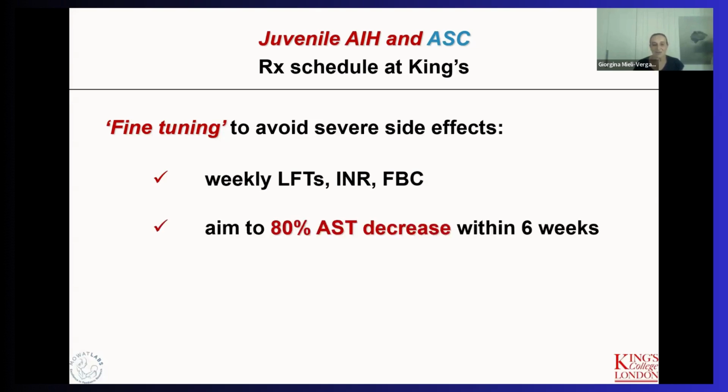And the aim is not to achieve completely normal transaminase levels, but we want to achieve at least an 80% decrease of transaminase levels within 6 weeks, which usually means that you will achieve full remission by 3 months, 6 months, and then 1 year.